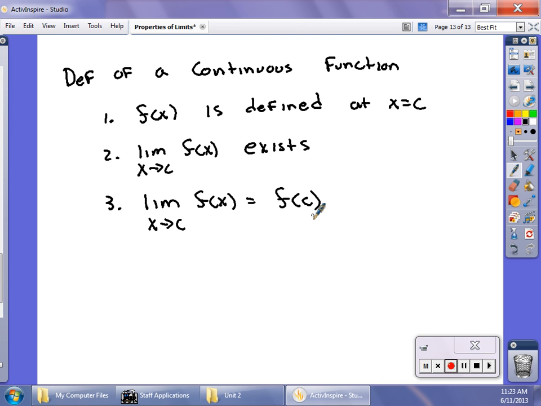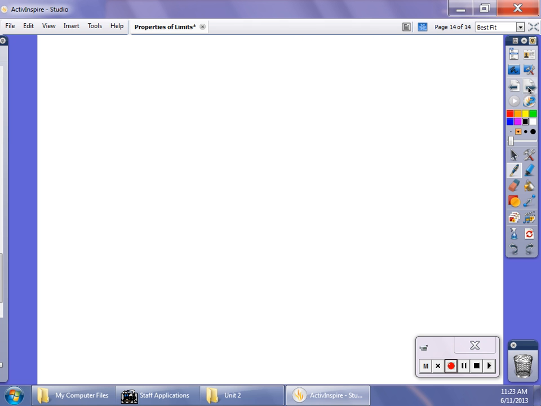Let's look at kind of a similar one we did before. Let's say we have something like this. f of x equals x squared minus 9 over x minus 3 if x is not equal to 3. And let's say it equals 2 if x equals 3.